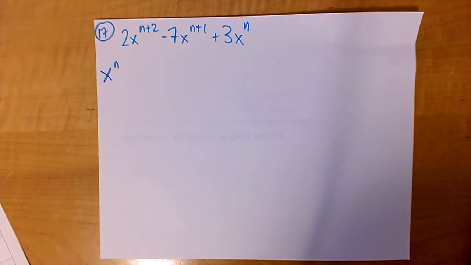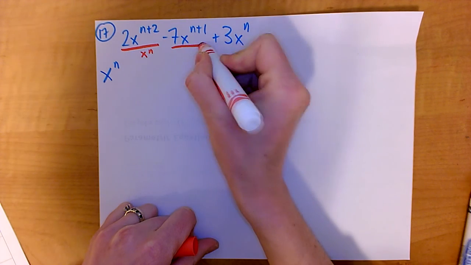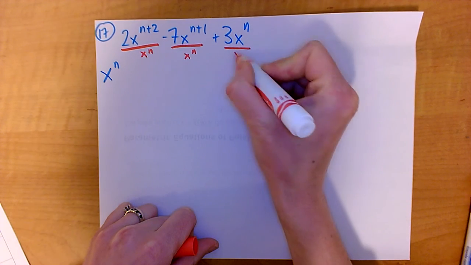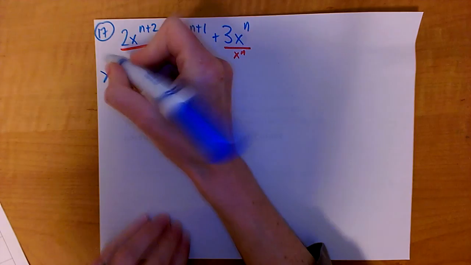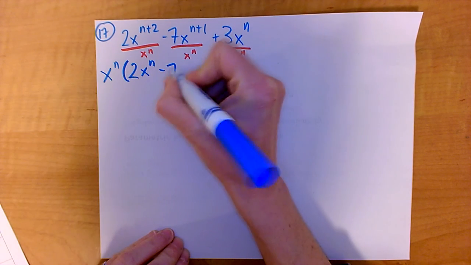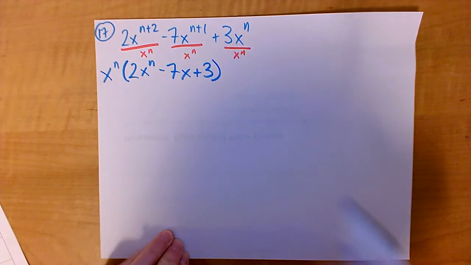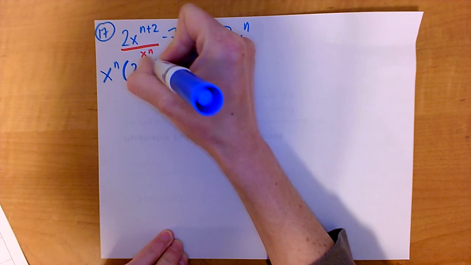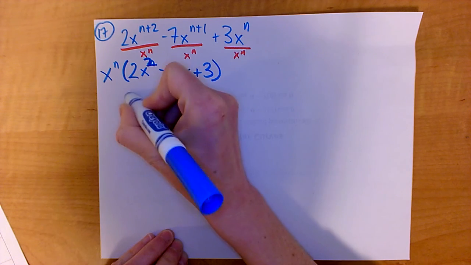Again, you want to picture yourself dividing everything by x to the n. If we divide every term by x to the n, that leaves us with 2x squared minus 7x to the 1 plus 3. Now this should be x squared.